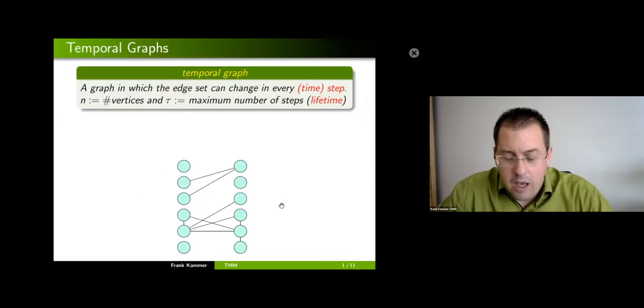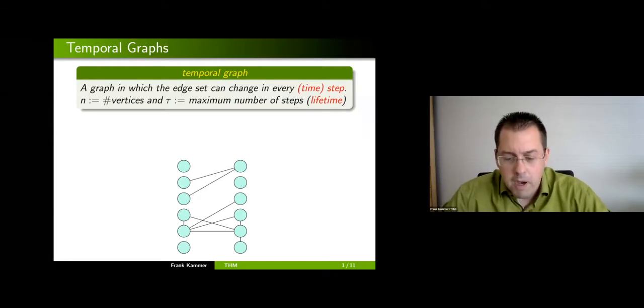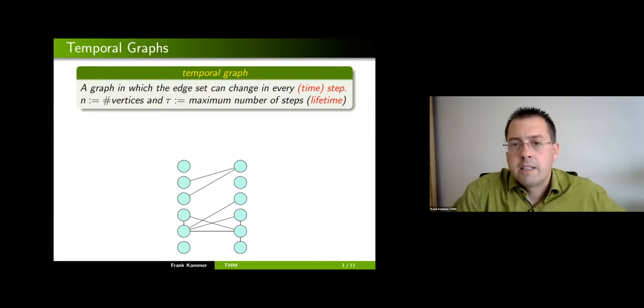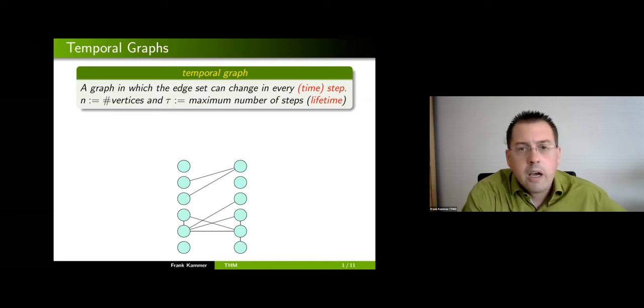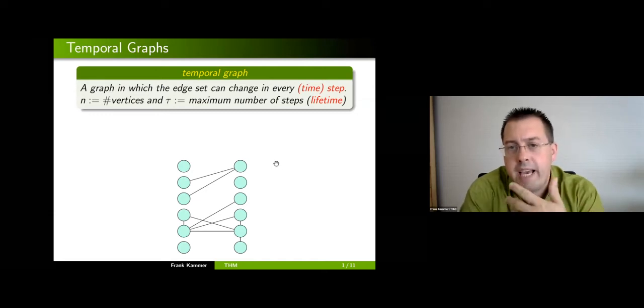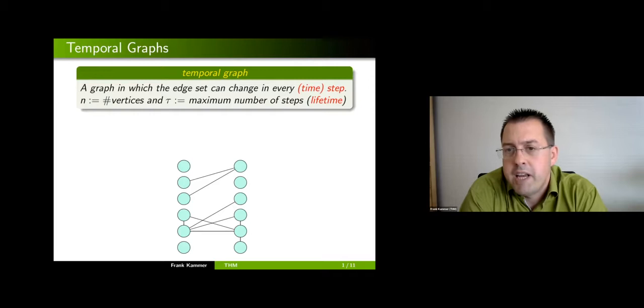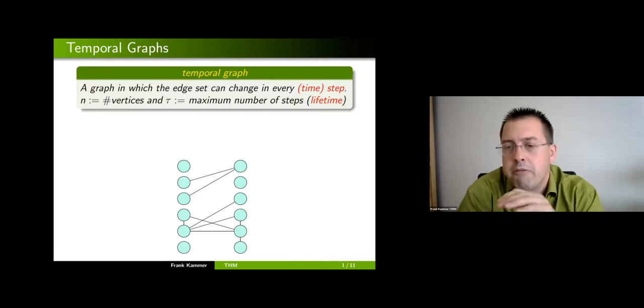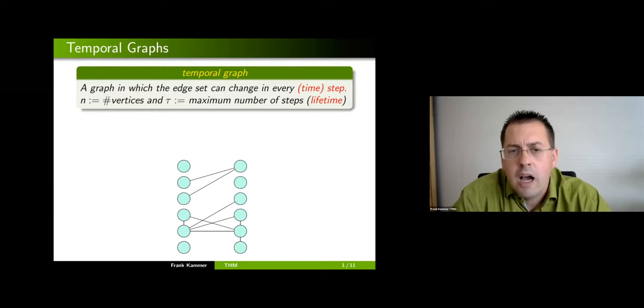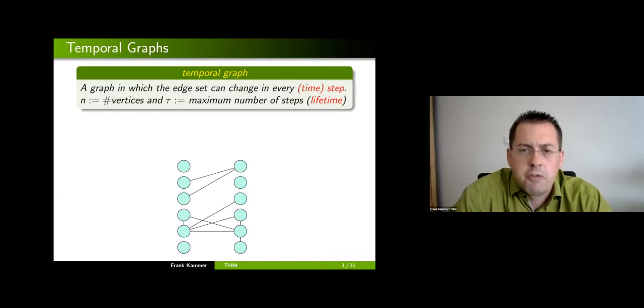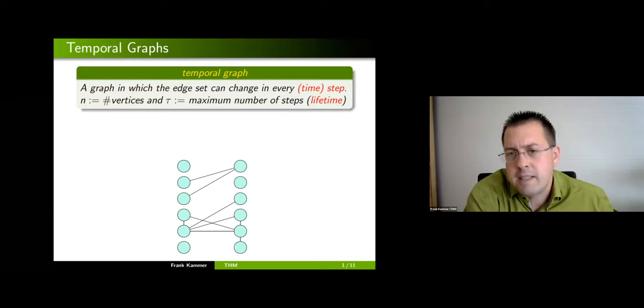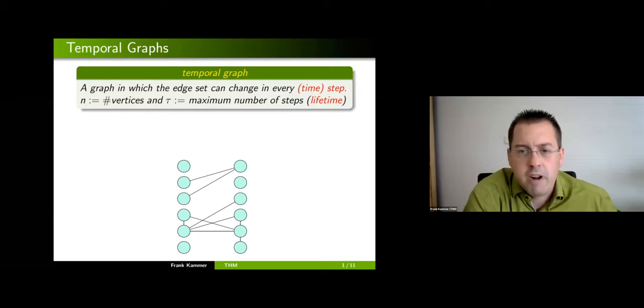Okay, let me shortly introduce my notation on temporal graphs. A graph in which the edge set can change in every time step is called a temporal graph. During this talk, I denote with n the number of vertices and tau the maximum number of steps the temporal graph has.